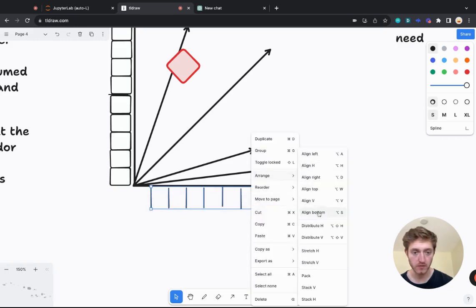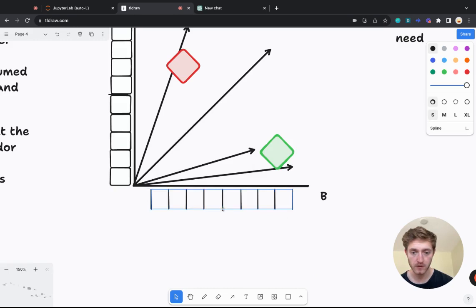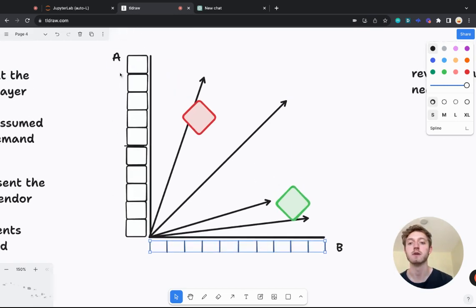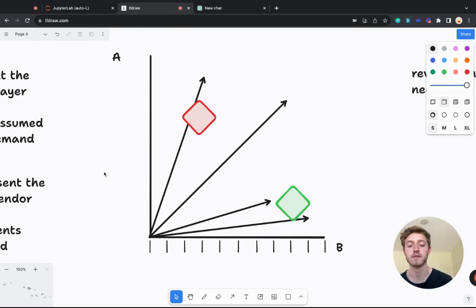Range line, bottom. Yep. Yeah, much better. Great. Okay. Range line top. Okay. We can take this now, and we can also go ahead and replace this over here.